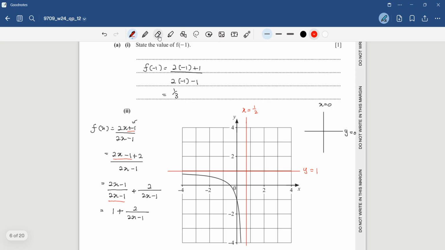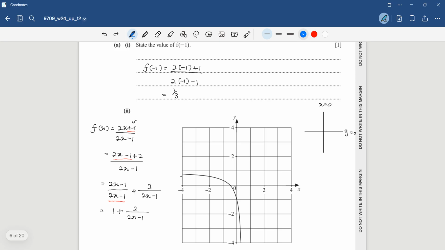Okay. So now when I want to draw the inverse graph, my domain will become range, my range will become domain. So I just change my ink color, so I go to blue. Just now, if you notice, it was x equal to 1 over 2, right? So now it becomes y equal to 1 over 2. So y equal to 1 over 2 will become the asymptote.